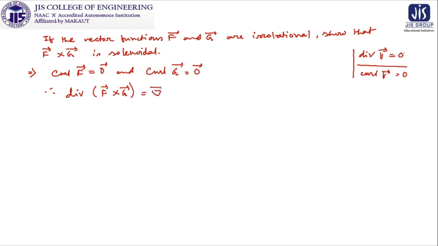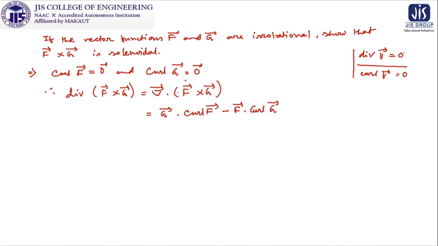So we have to calculate it, then only we can claim. We can write del dot f cross g, because this is the definition of divergence. Now according to the formula of vector algebra, we can write g dot curl f minus f dot curl g.